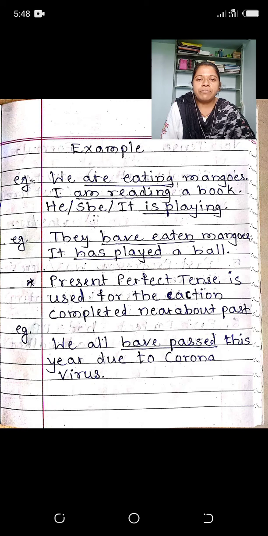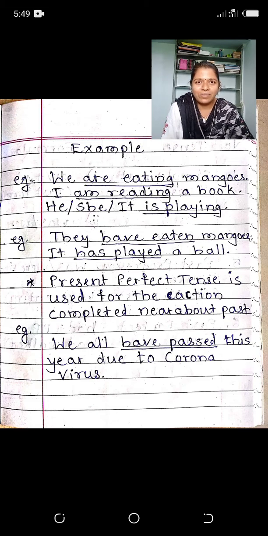Now see, present perfect tense is used for an action completed in the near past. As we use present continuous tense for the near future, we use present perfect tense for the near past. See, for example, we all have passed this year due to coronavirus, isn't it?